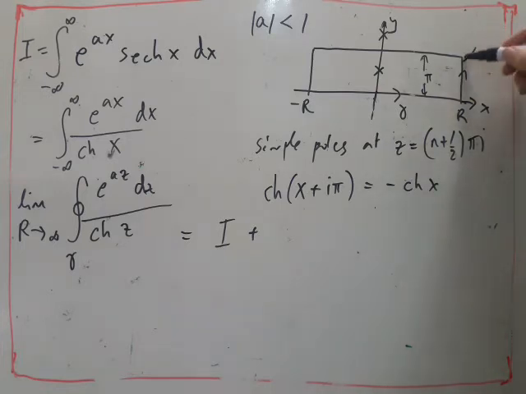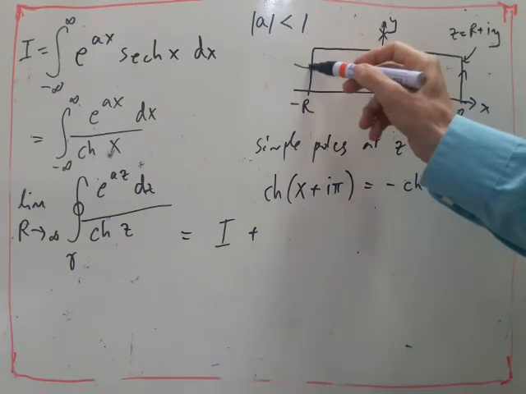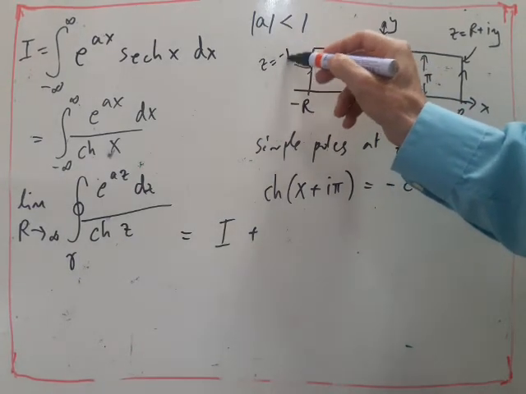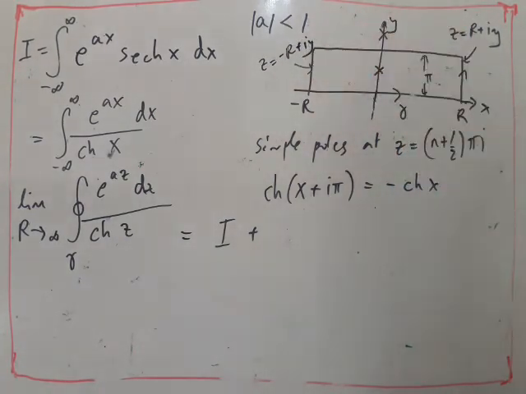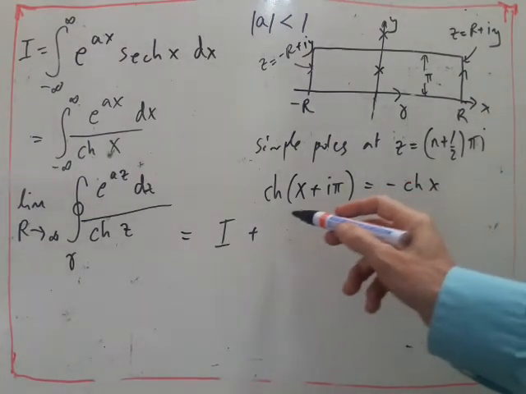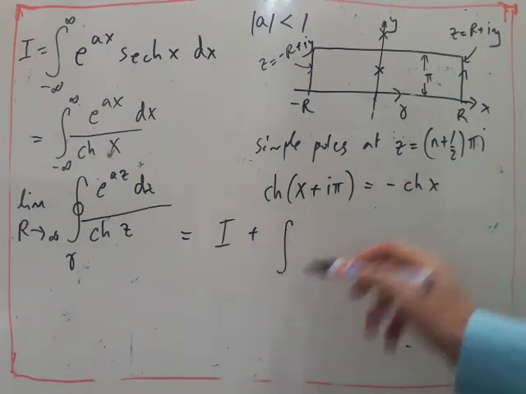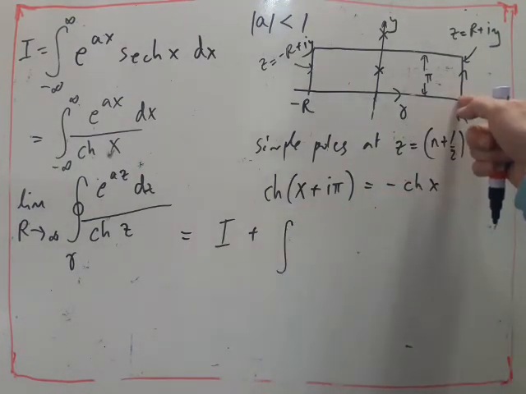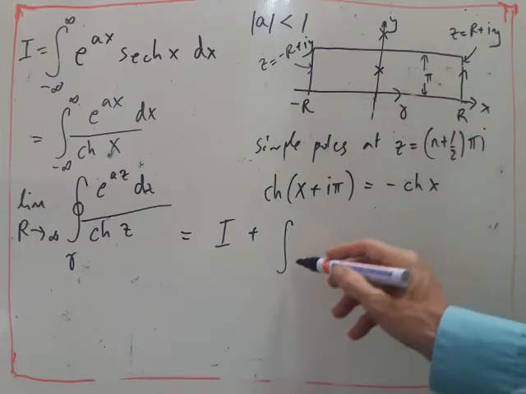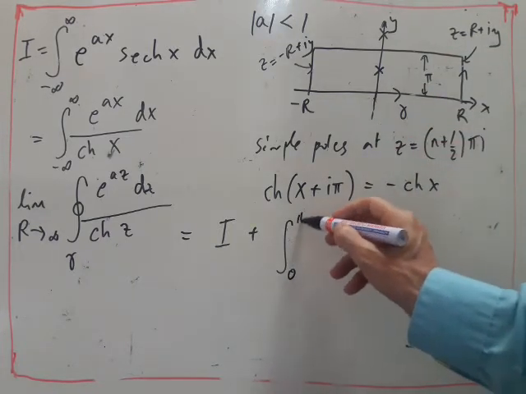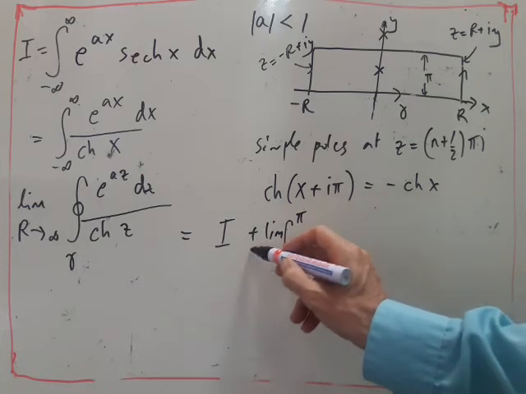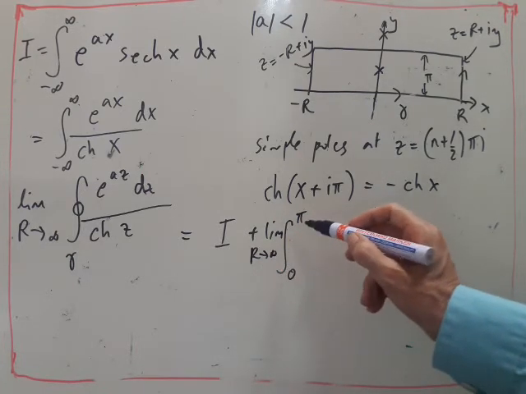So what do we have here? Well, along here we've got z equals r plus iy. Here we have z equals minus r plus iy. So y is being integrated from 0 up to pi, and we're taking the limit as r goes to infinity.